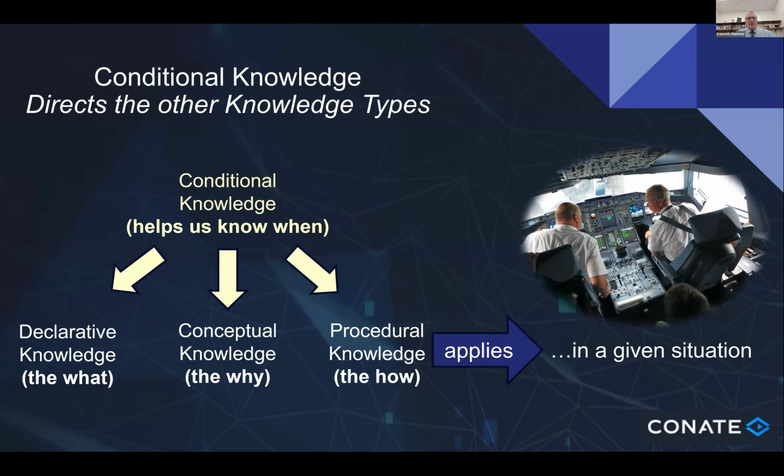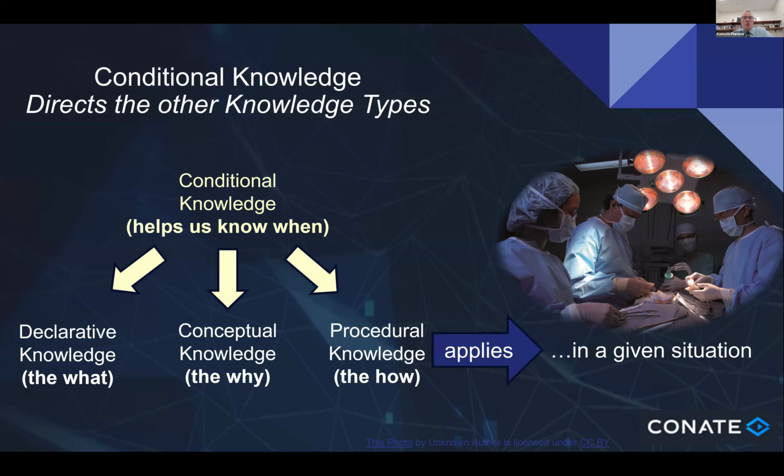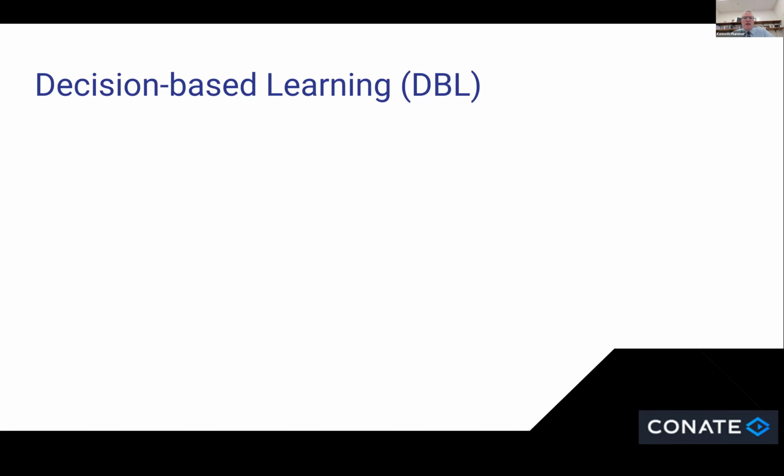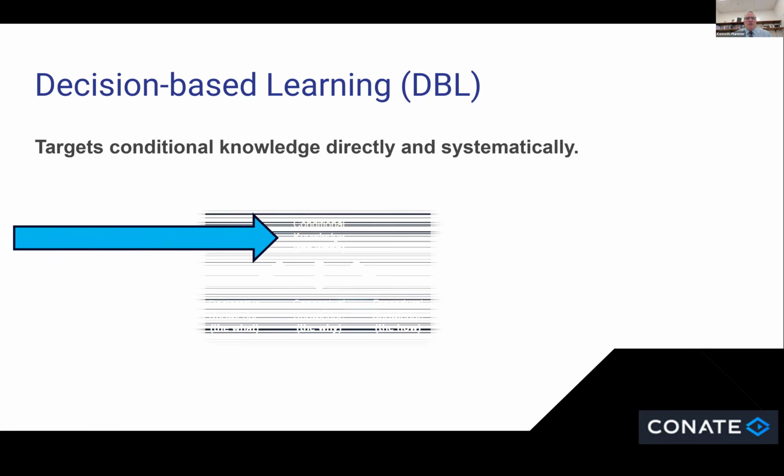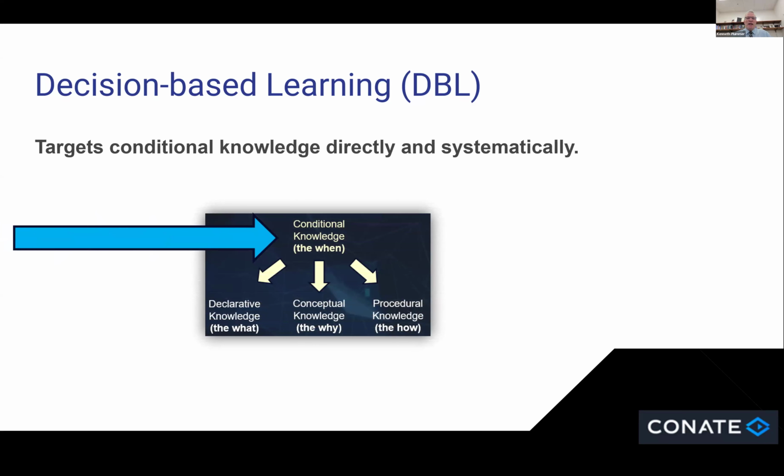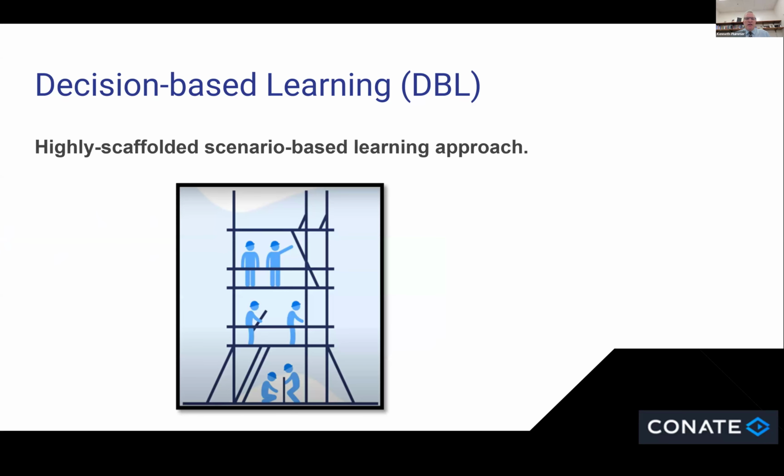So it helps direct when these three knowledge types working together are actually relevant in any given situation, across all disciplines, across all learning. So decision-based learning targets conditional knowledge directly and systematically.